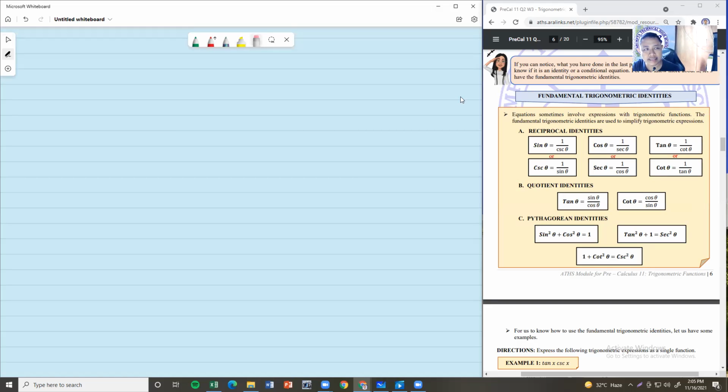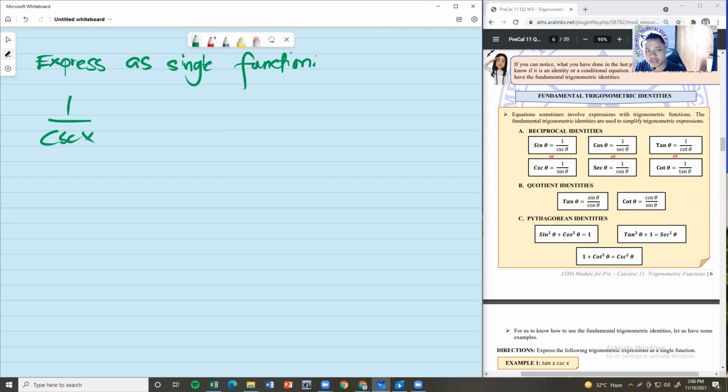Express as a single function. Ready? So we have 1 over cosecant x times 1 over cosine x.